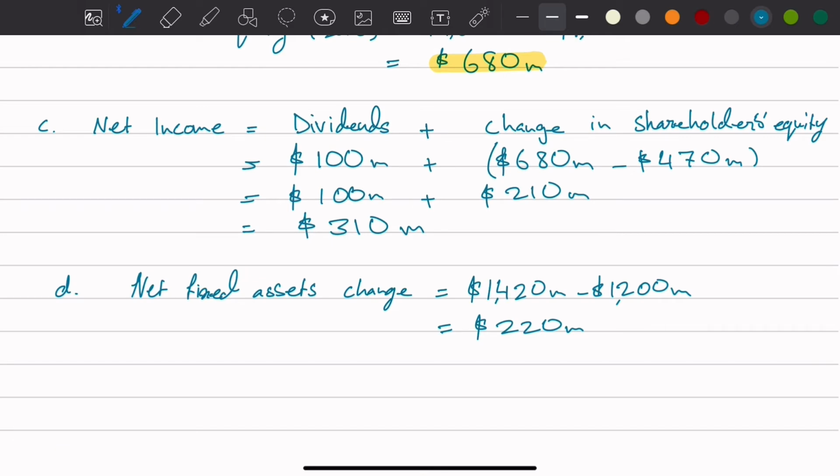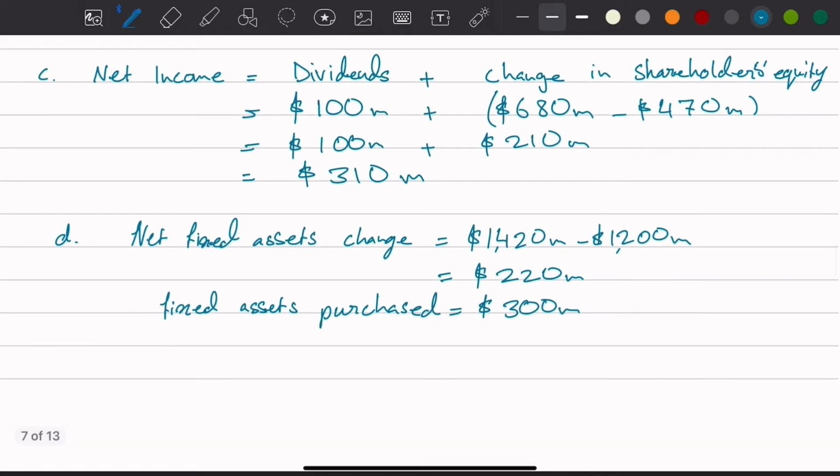And the fixed assets purchased equals 300 million based on the information given to us.